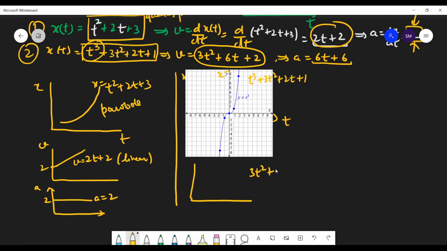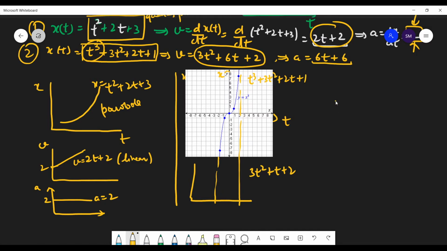3t square plus 6t plus 2 means the slope of this graph. The slope of this graph will be a parabola. It can be like this, it can be different parabolas.